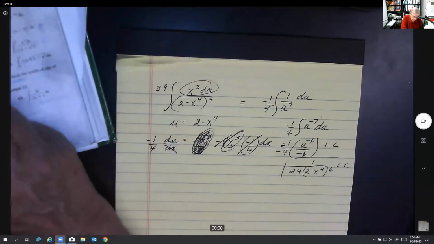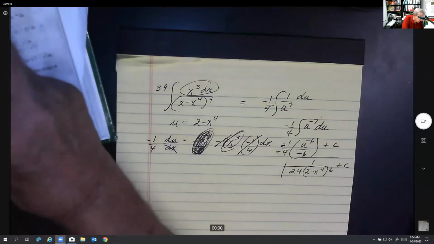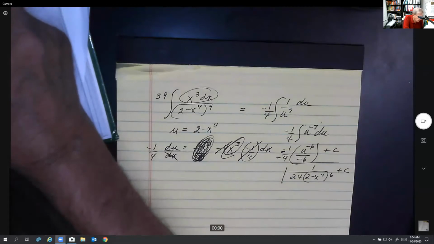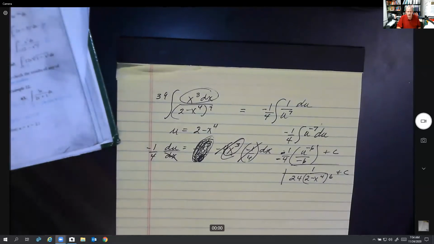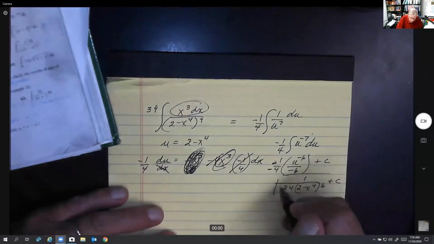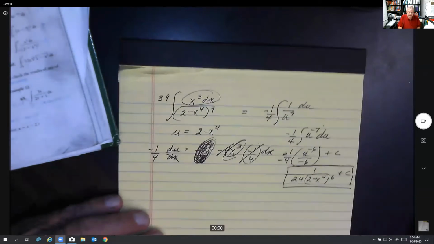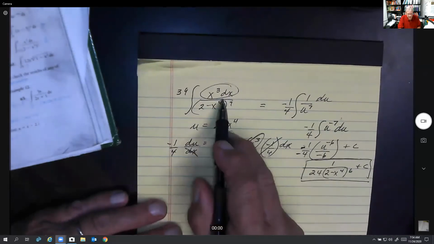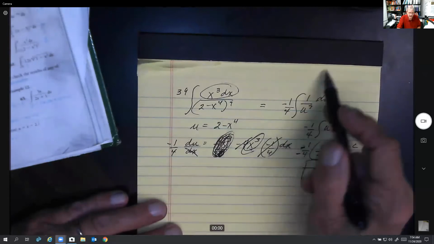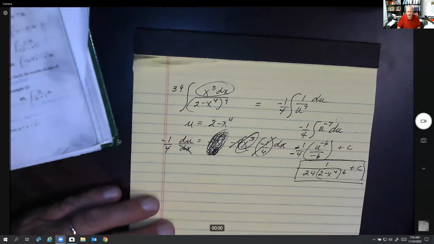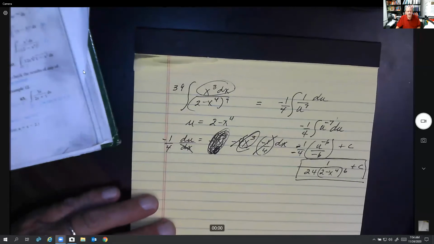I picked 39: 1 over 24, 2 minus x to the 4th to the 6th, plus c. That is the correct answer. So this is the correct answer to this problem. So you have to mess around with it. You have to do a derivative, antiderivative, substitution, a whole mess. U subs. Enjoy.